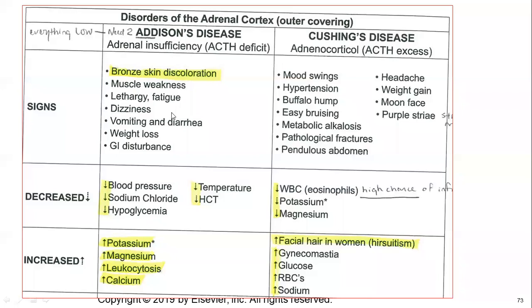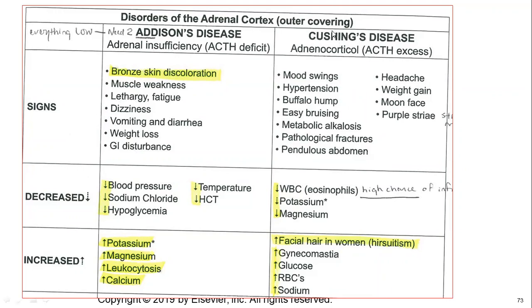The signs here: bronze skin discoloration, muscle weakness, lethargy, dizziness, vomiting, weight loss, and GI upset, right? So bronze skin, this is the NCLEX borax.